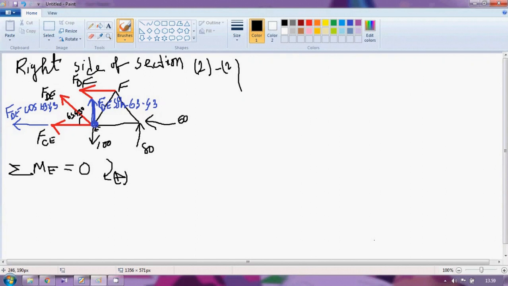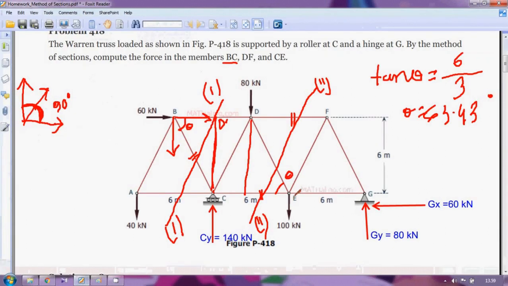If I take a moment here, taking clockwise moment as positive, this member force is giving me anti-clockwise moment. So minus F_DF into, what is the distance between them? The distance between them is 6 meter.